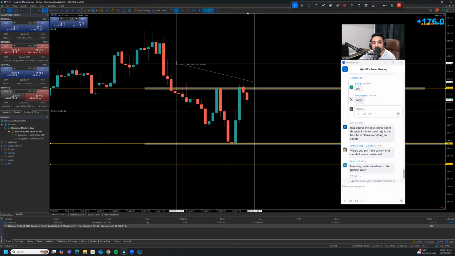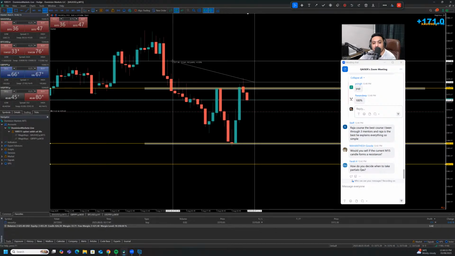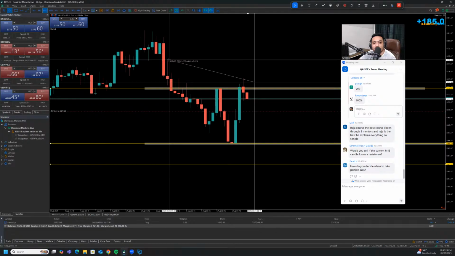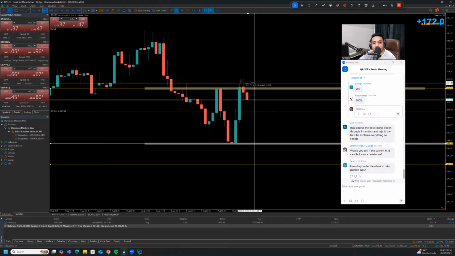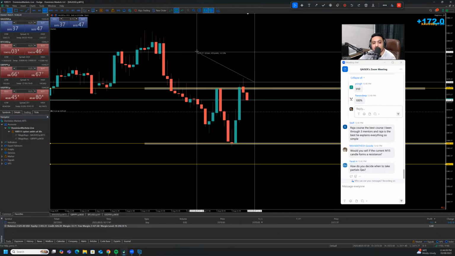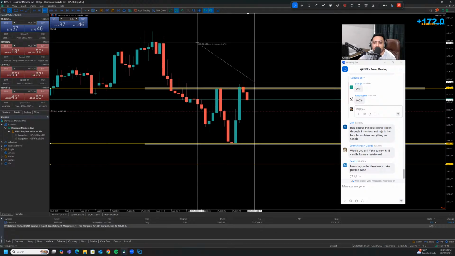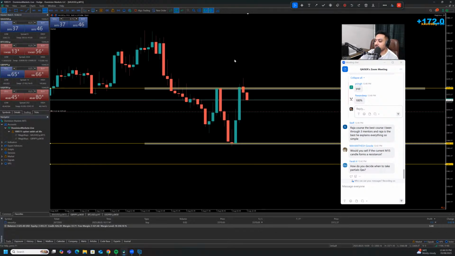As I reach near this rejection and it gives me some fear, I will try to close at least 50% or even 90% of the position. Now if it rejects from this area, I'm not going to lose anything, or if it breaks this area and continues pushing upside, that will be my bonus. So risk management is a very beautiful thing, and we have to have a proper grip on it.